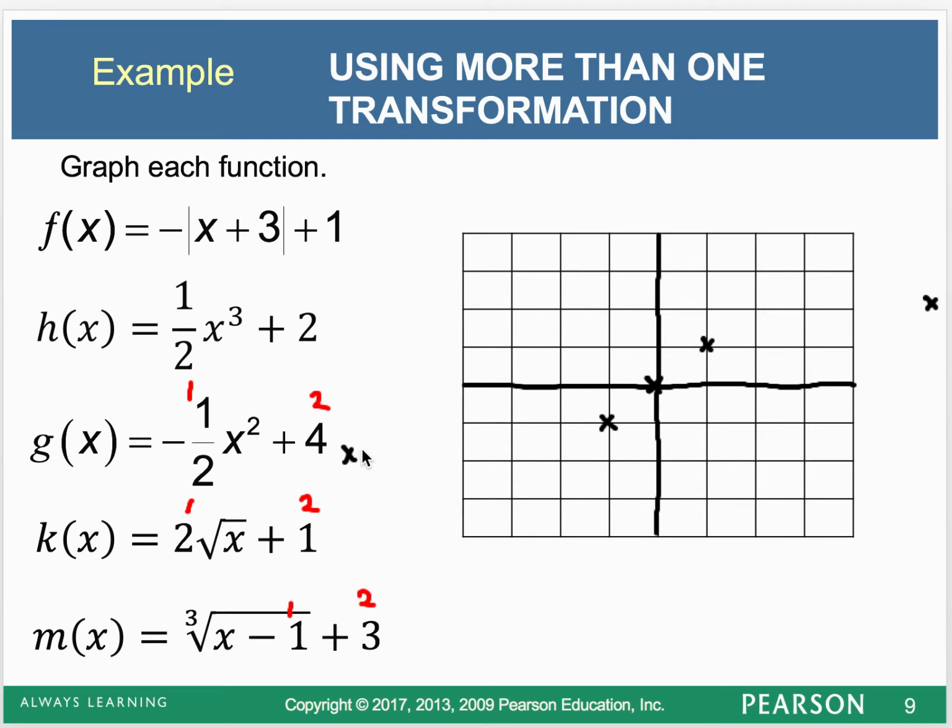If I move this right 1 and up 1, 2, 3, right 1 and up 1, 2, 3, and so on for each point. If I go right 1 for this one, I'm off my screen. And then there's the basic cube root shape.